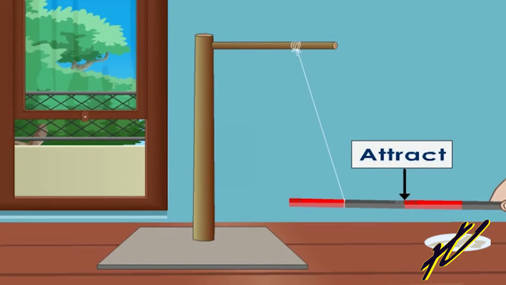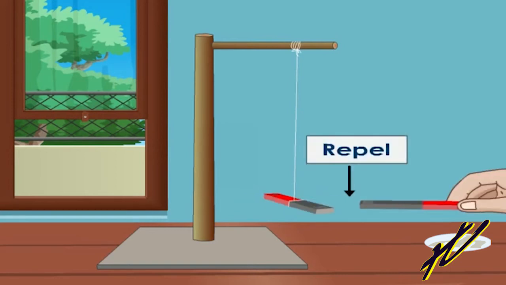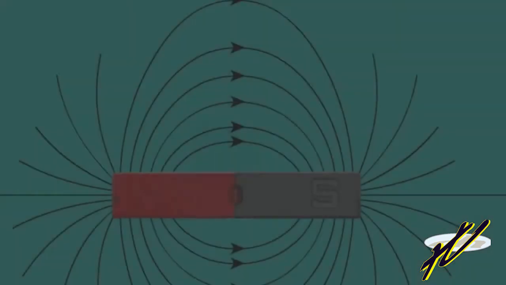Do you observe the attraction between the two poles? Now bring the south pole of the other magnet near the south pole of the suspended magnet. Do you observe the repulsion between the poles? Obviously you do. Now let us move on to the fifth property.